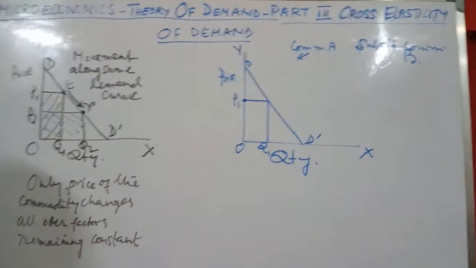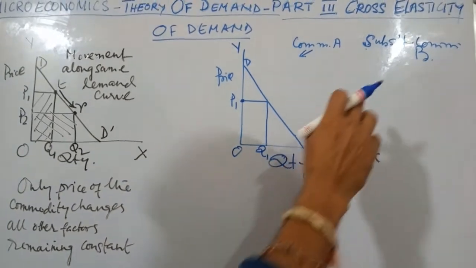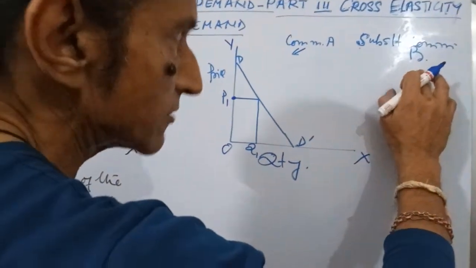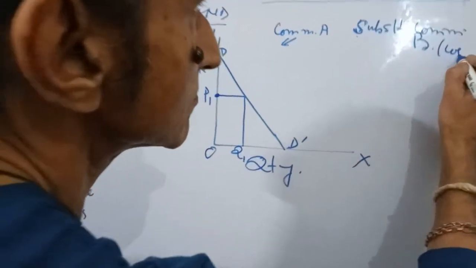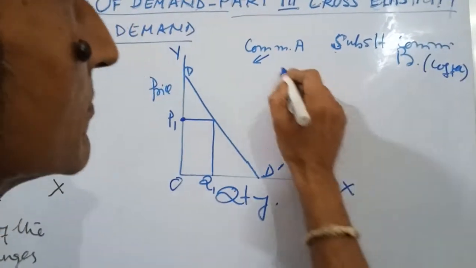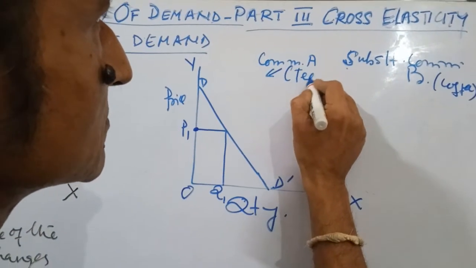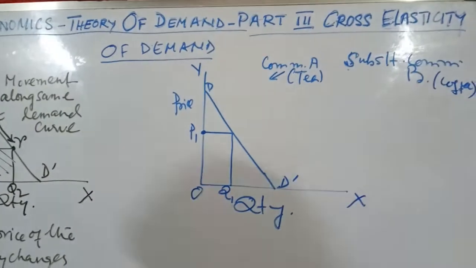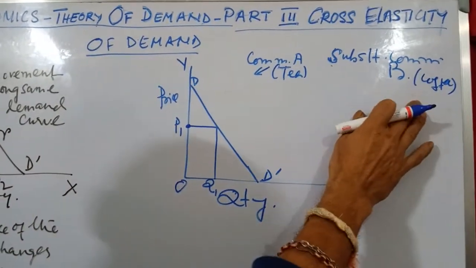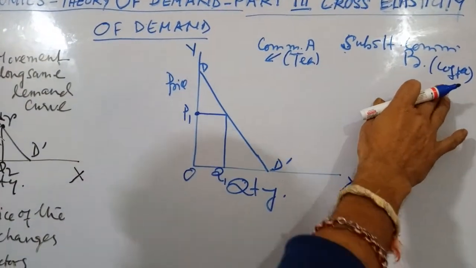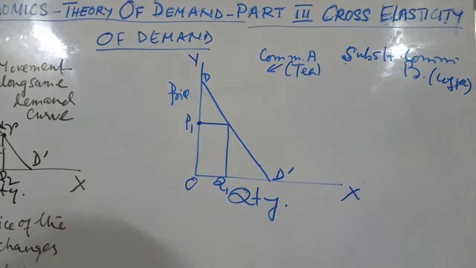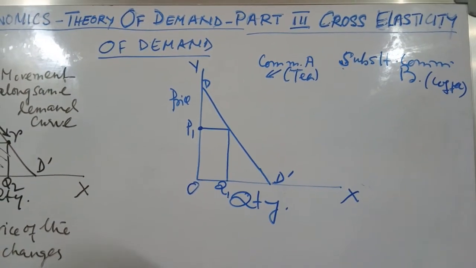Now if the price of that substitute commodity, say coffee, falls, then what will happen?